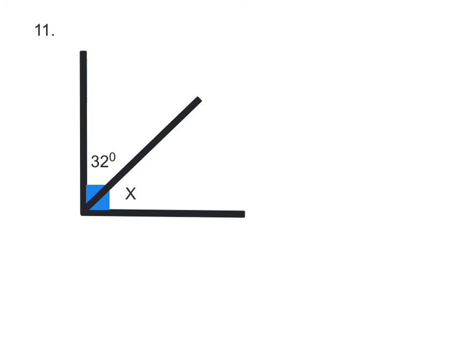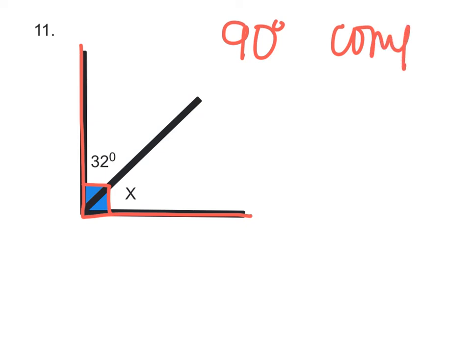Alright, this last example, this is a right angle. That's what this little square here is telling you. So this is a right angle, and right angles are 90 degrees. Okay, so these are going to be complementary angles, because they make a right angle. They add up to equal 90.